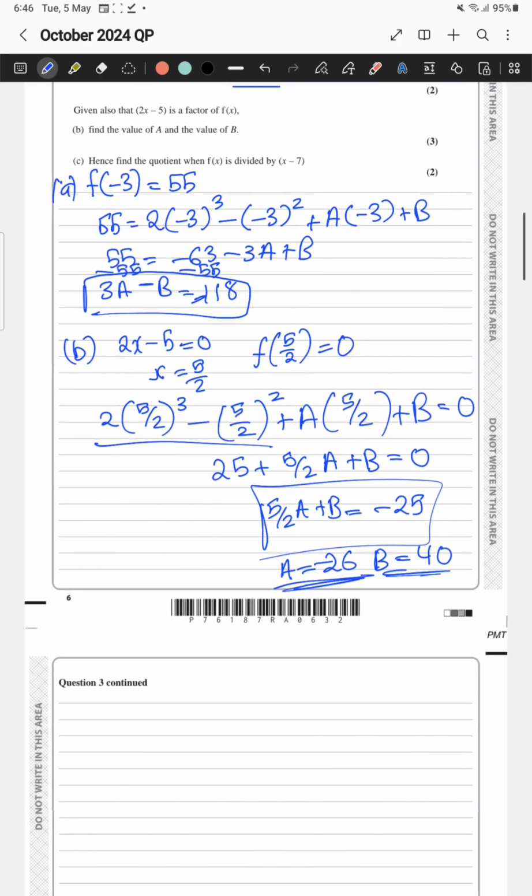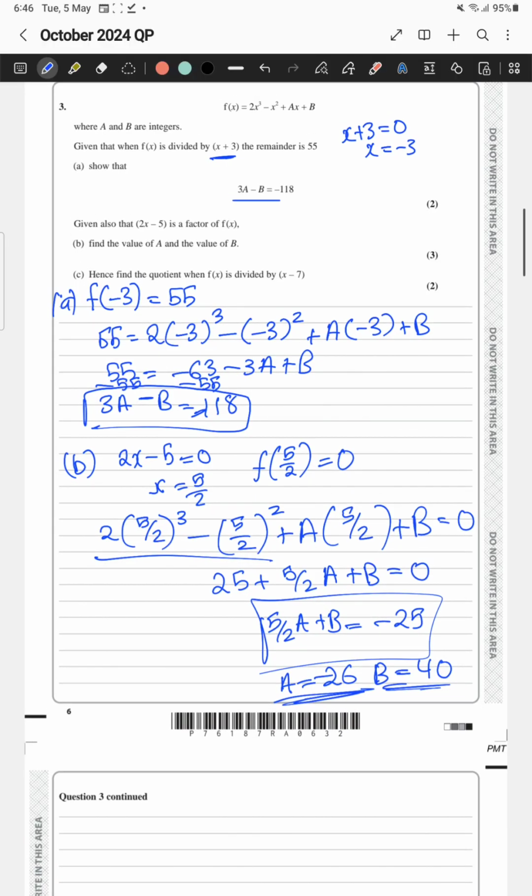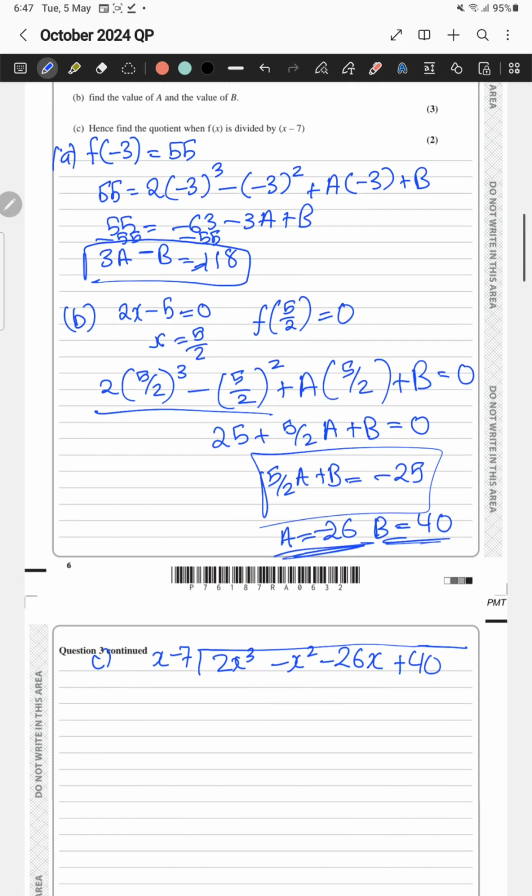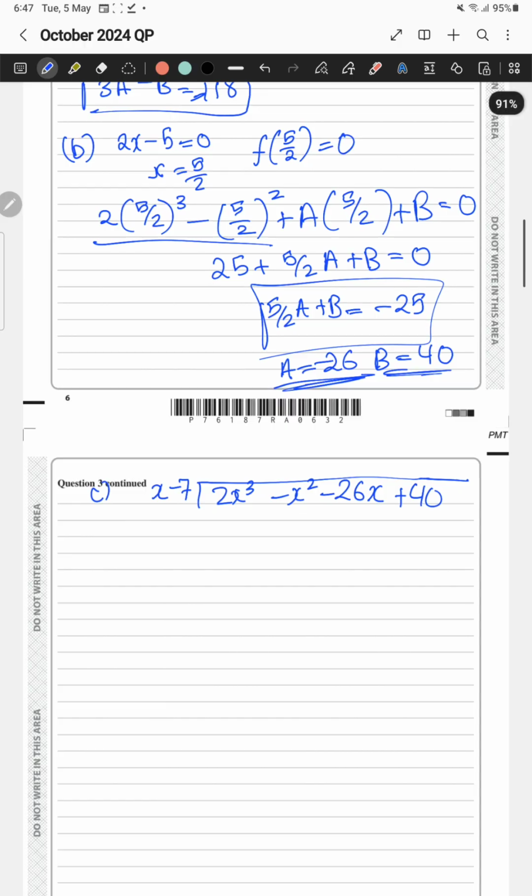Alright, so let me just copy down the equation over here. Basically now over here, we have to use the polynomial division: 2x cubed minus x squared. Now since a is going to be minus 26x plus 40, now I have to do the division method, the long division.